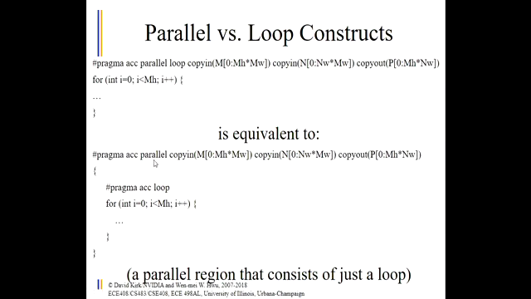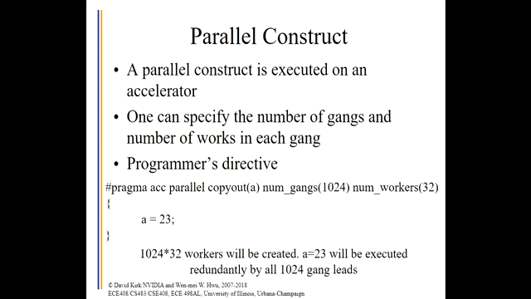Then inside the region you mark the loop as just a loop, because it's in the parallel region, so it's a parallel loop. Essentially here we have a parallel region that only consists of one single loop.